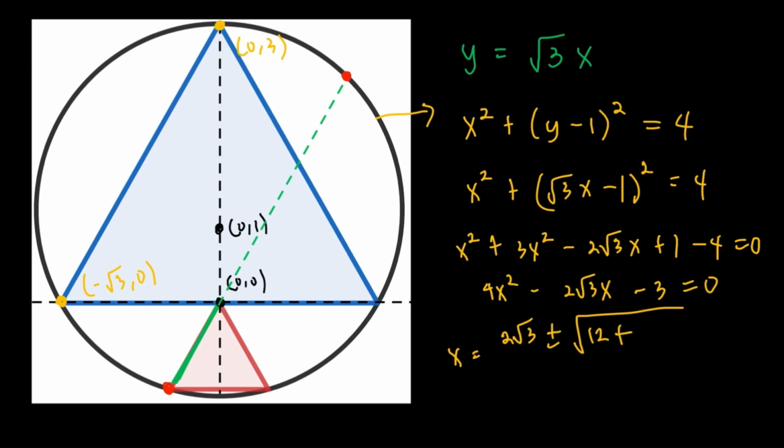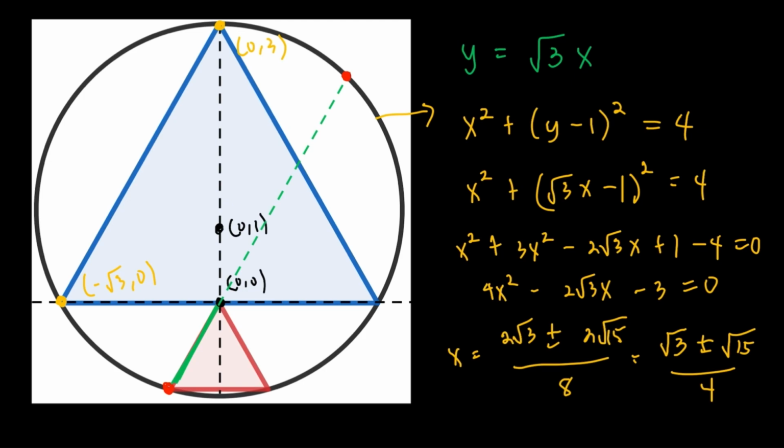So 12 plus 48, that's going to be the square root of 60, which is 2 square root 15, divided by 2a. So it's going to be square root of 3 plus minus square root of 15 over 4.